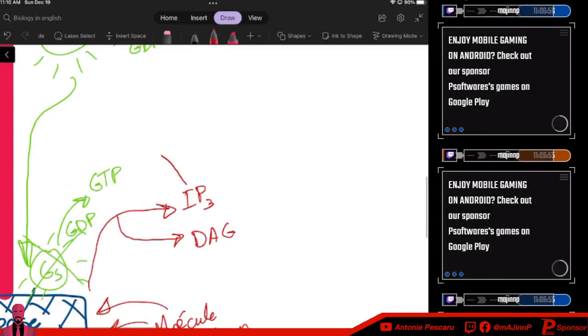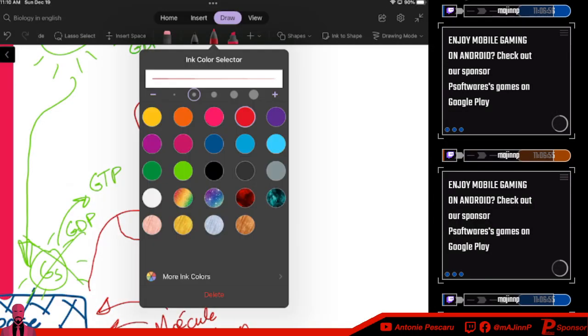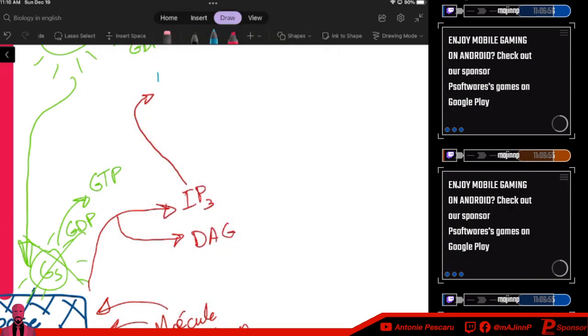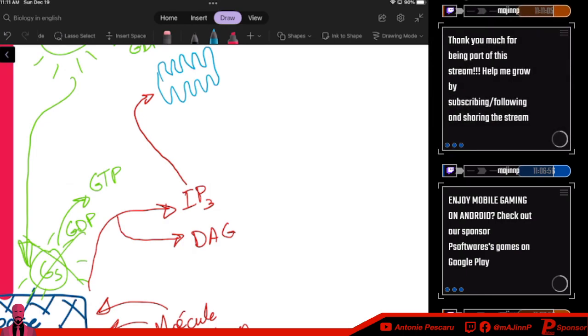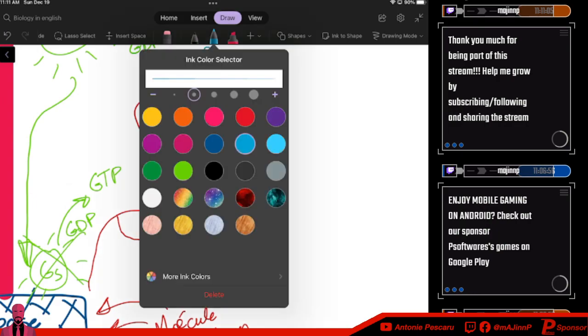The IP3 pathway is going to go all the way towards the reticulum, and in the smooth muscles we don't have an endoplasmic reticulum. We have something called a sarcoplasmic reticulum. And that's our sarcoplasmic reticulum right here, rich in calcium.